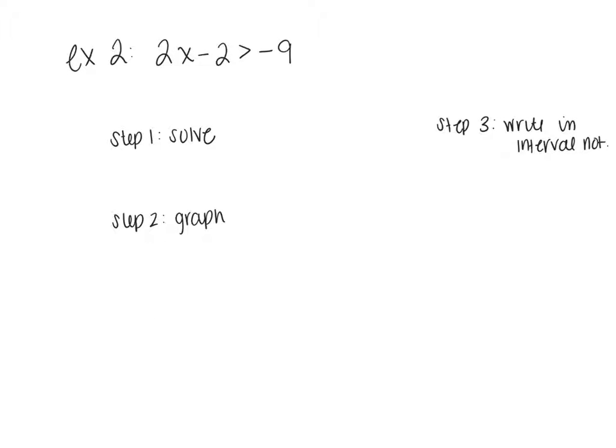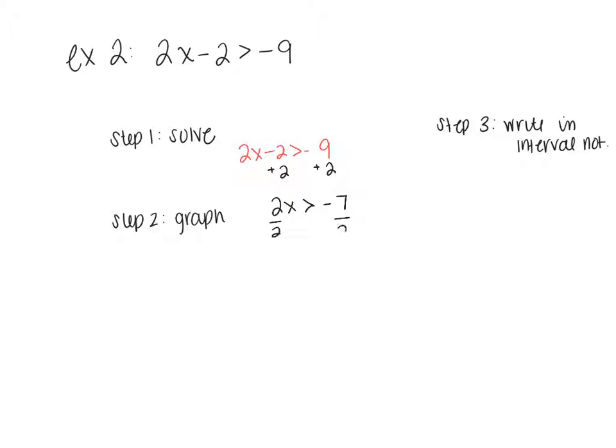Alright, so example 2, now I have a two-step inequality. I have 2x minus 2 greater than negative 9. Solve it just like before. I don't have parentheses, I don't have like terms, so I go all the way down to addition, subtraction. To undo minus 2, I'm going to add 2 to both sides, and I'll have 2x is greater than negative 7.